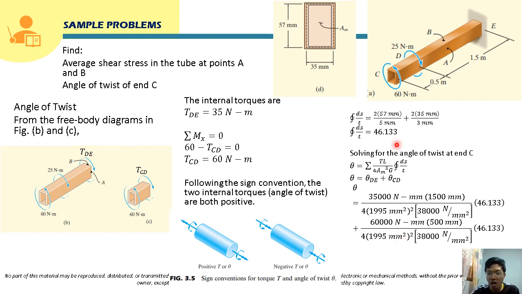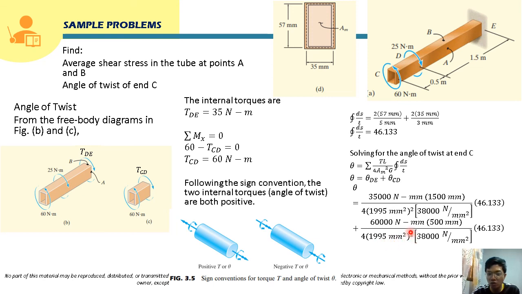Now for CD, the angle of twist of CD will be 60,000, which is the internal torque T here at length CD, the computed torque here, times its length. The length of CD is 0.5 meter, which is 500 in millimeters, over 4 times Am squared, that is again 1,995 millimeters squared.